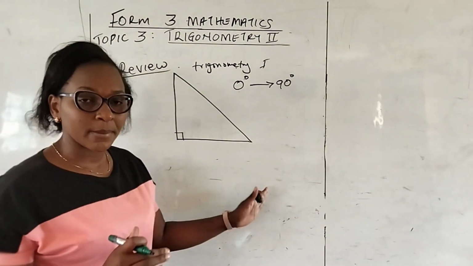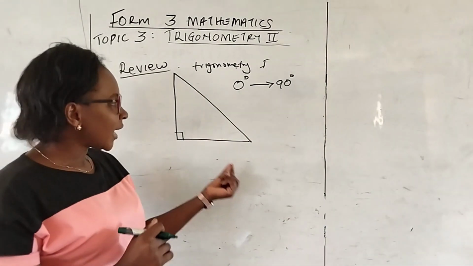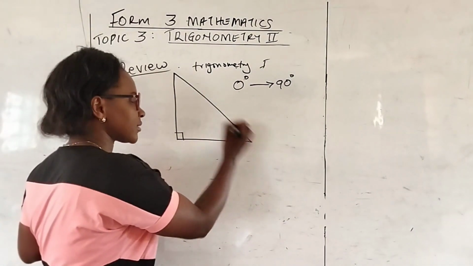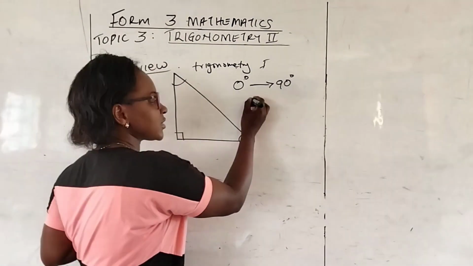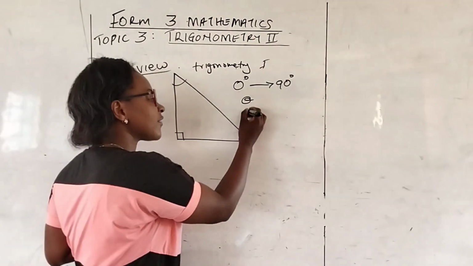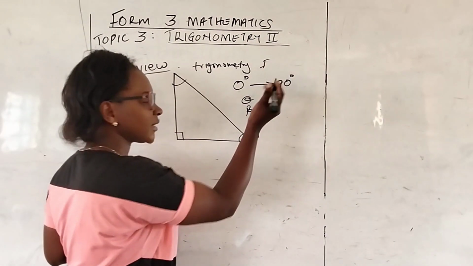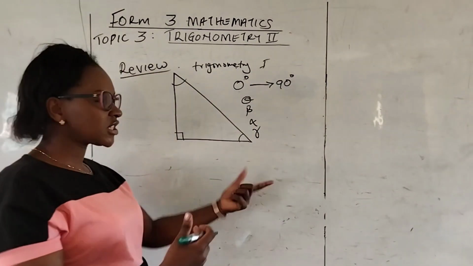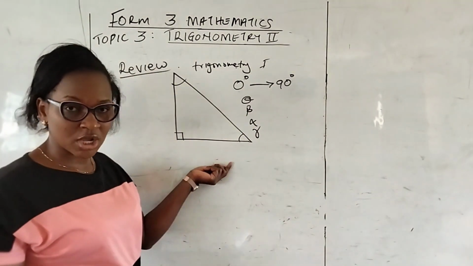Again, we use symbols to represent the angles. We can use symbols like beta, alpha, gamma, to represent any angles within the triangle.